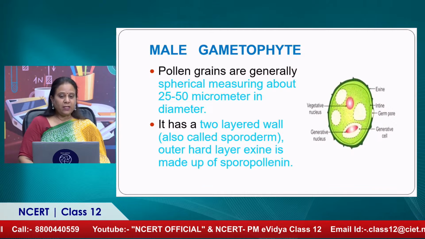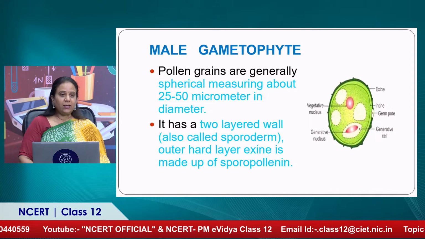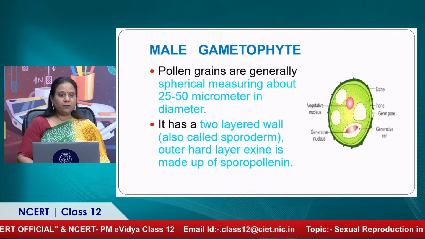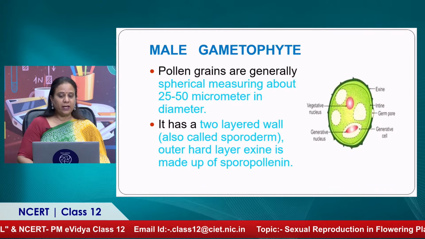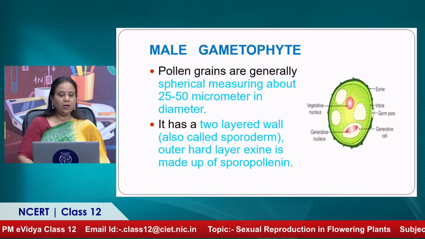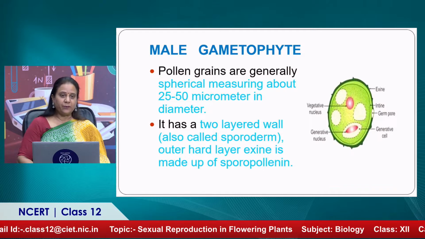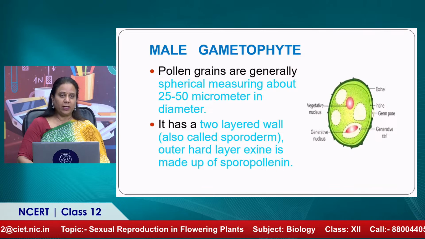These pollen grains have a two-layered wall, and collectively these two layers are known as the sporoderm. The outer layer is known as the exine, which is a very hard layer made up of a very special organic substance known as sporopollenin.